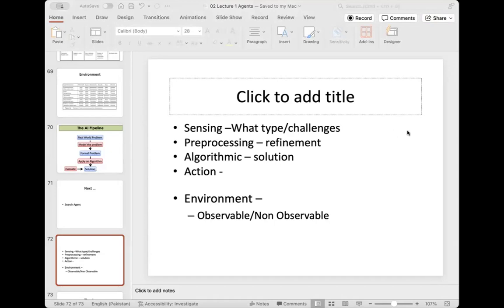If you are solving a navigation problem, if you are moving between cities, of course, you have some observable scenarios and some non-observable scenarios, right? I've told you that if you are standing on a road and the road is straight ahead, there is no left turn or right turn, then of course it's 100% observable.